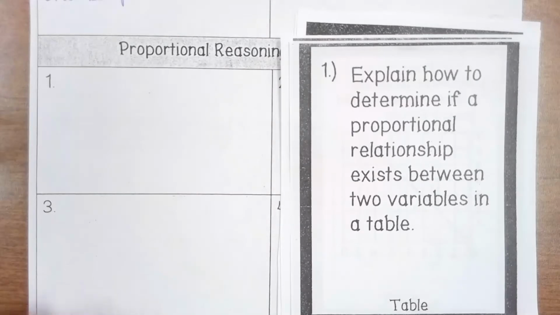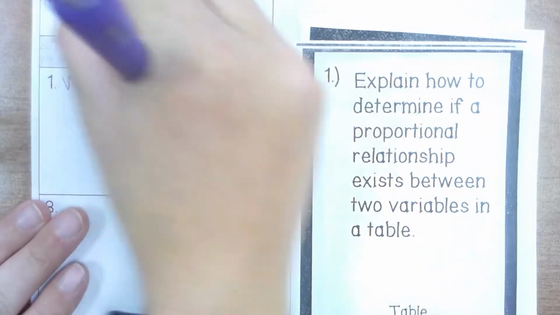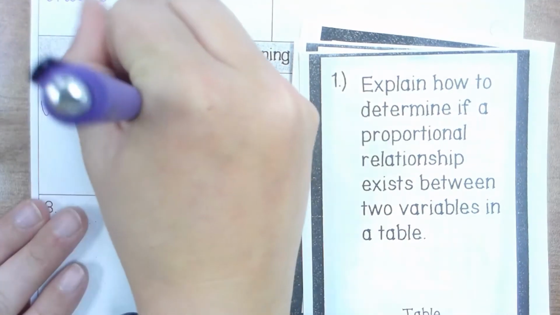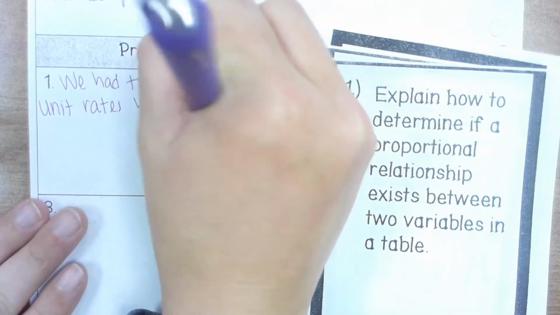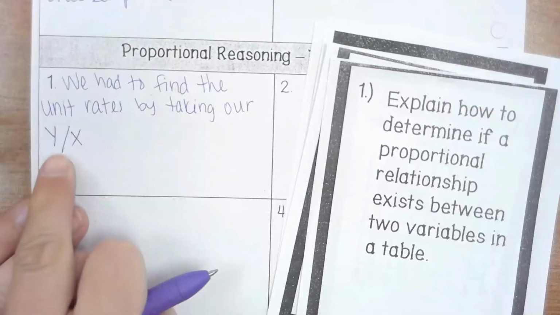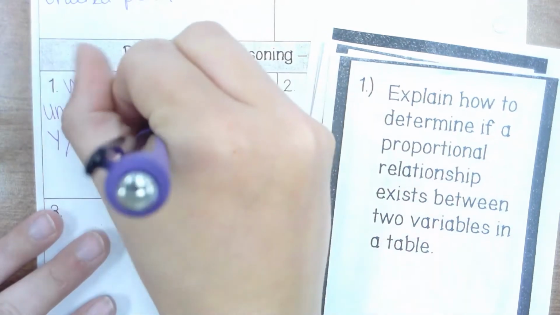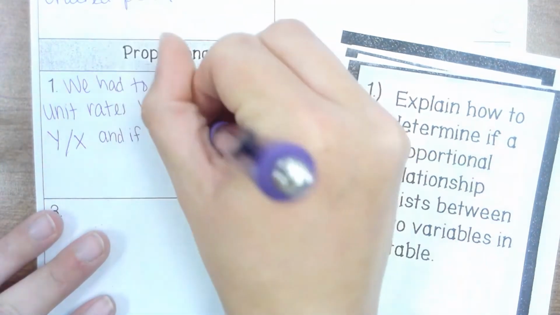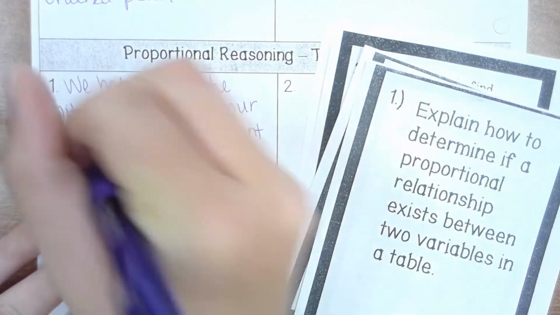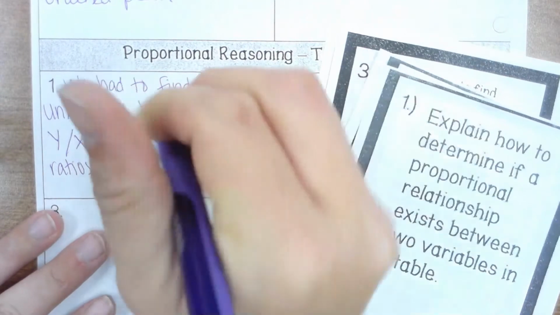So to explain that, I would put we had to find the unit rates by taking our y divided by x. So I'm just going to write it like this, y divided by x. And if we had constant ratios, we had a proportional relationship.